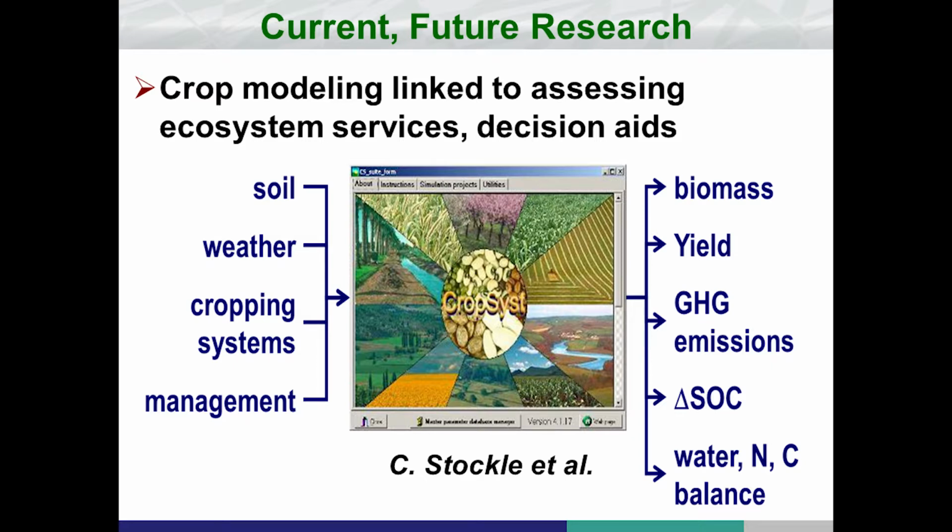And I think this is an area that we're working in right now from the standpoint of improving decision aids. But also, these kinds of models provide us with much more information from the standpoint of ecosystem services. What are the other outcomes from the standpoint of making a choice of growing a crop?